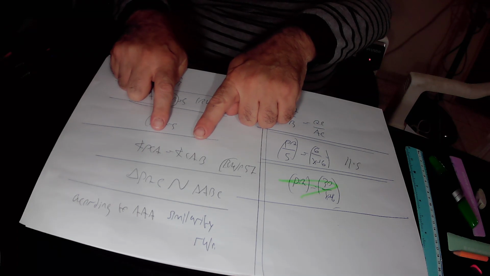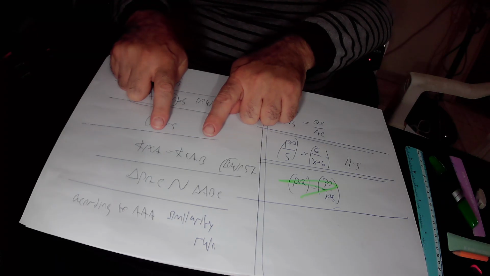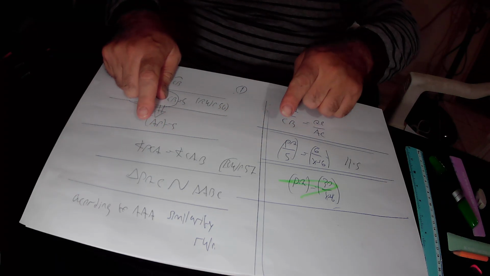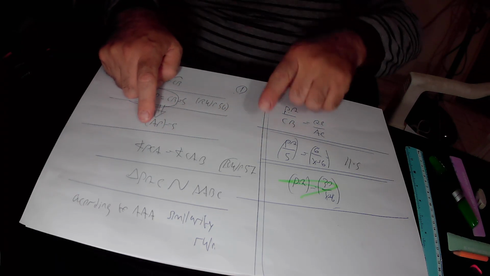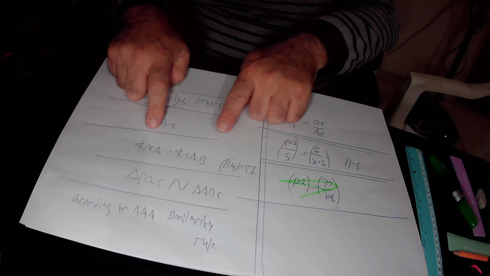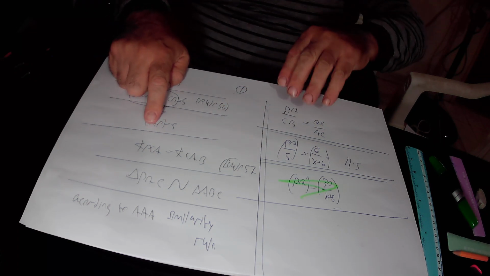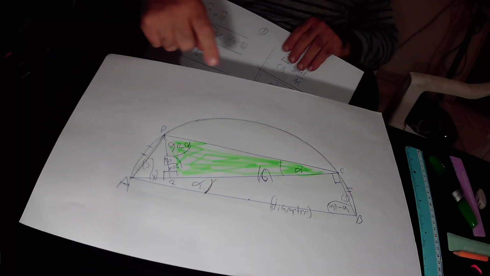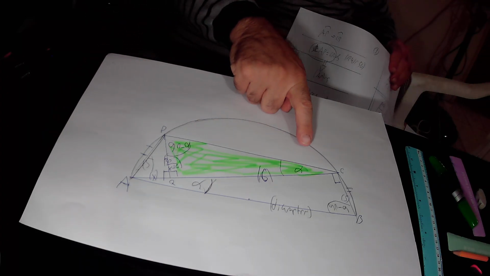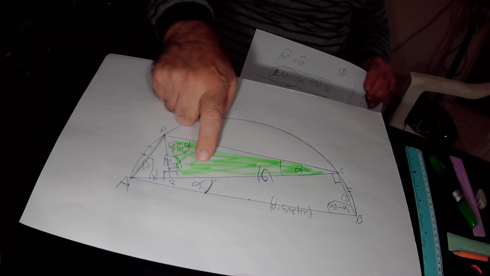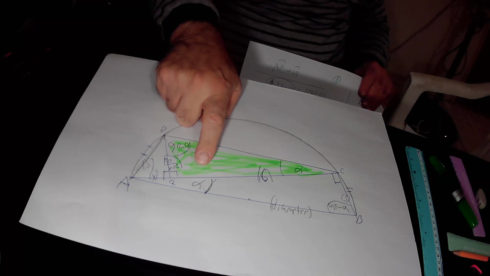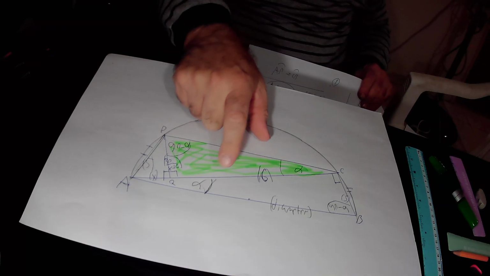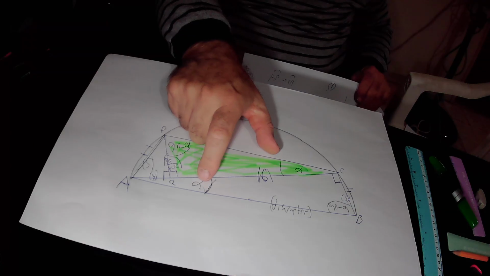This is to say, angle PCA must be equal to angle CAB in size according to rule 57. So if we define the size of angle PCA as alpha, then the size of angle CAB must also be equal to alpha because they are equal to each other according to rule 57.